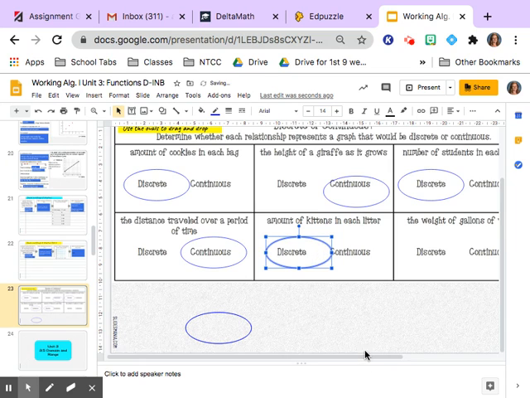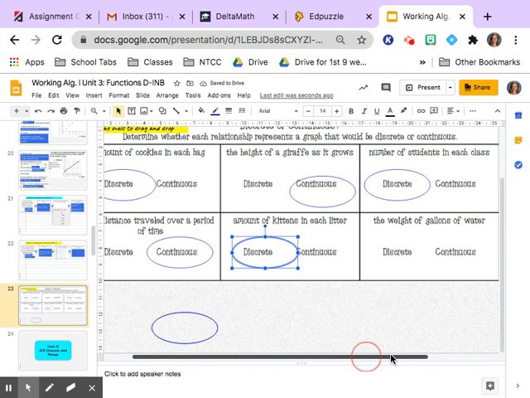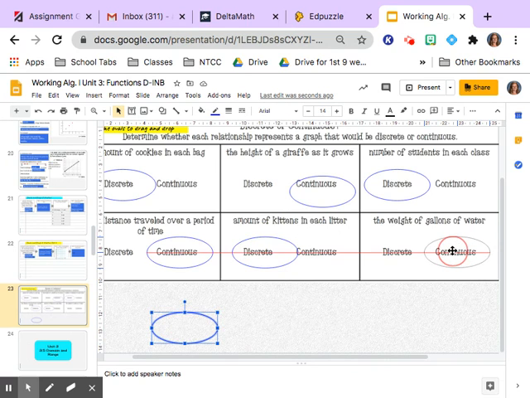Discrete. Weight of gallons of water. It's continuous. The weight is measuring things. You're not counting. You're counting kittens, students, cookies. You're measuring the height, the distance, the weight.